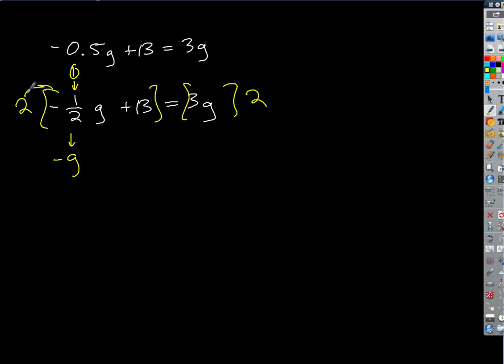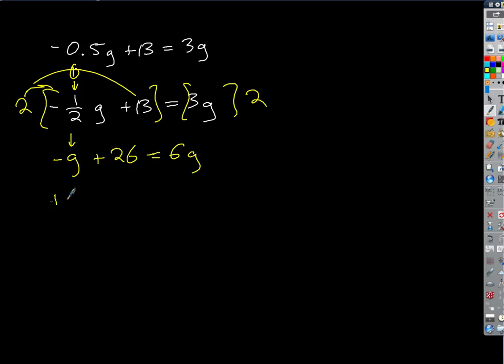Distribute the 2 over to the 13. Well, we don't have to do any fancy fraction stuff there. What's 2 times 13? 26. And then on this side, 2 times 3, 6. So I just get 6g. Everybody agree? Okay, and now from there on out, what would I do? Good, I'm going to push the g's to the right, because 6 is more than negative 1, right?